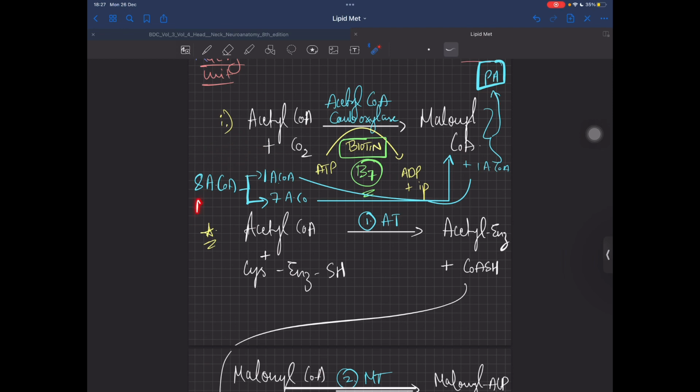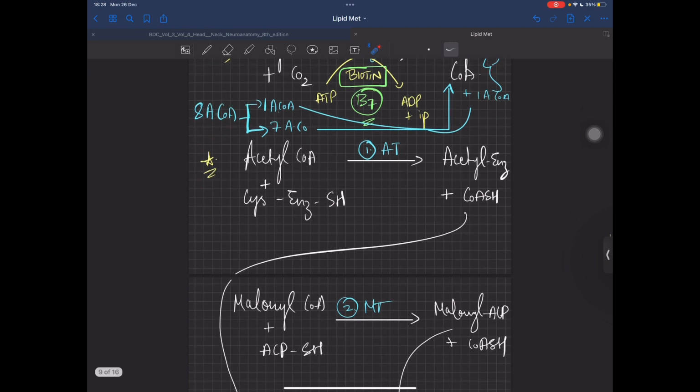Now, the basic idea is that there is a requirement of 8 acetyl CoA. 1 acetyl CoA is directly reacted with 7 malonyl CoA, which is formed from 7 acetyl CoA by the reaction of acetyl CoA carboxylase, to form palmitic acid. This is the overview of the reaction.